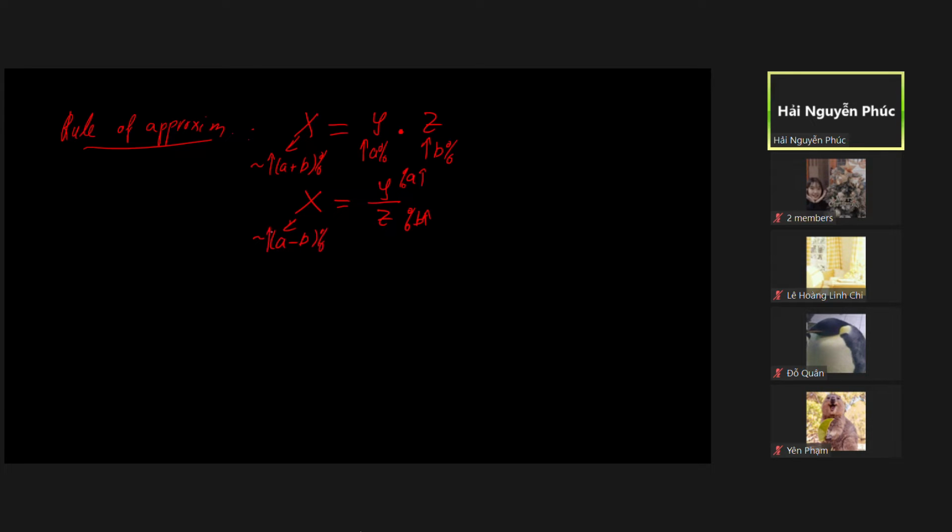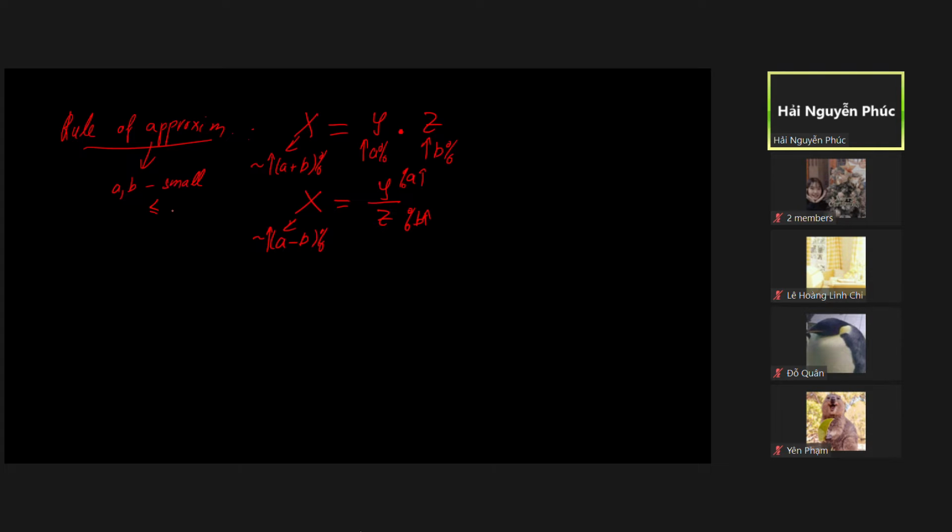Okay, understand? And this rule of approximation would be applied when a and b are quite small, let's say less than 10%. Yeah, and it's going to be a quite good approximation.